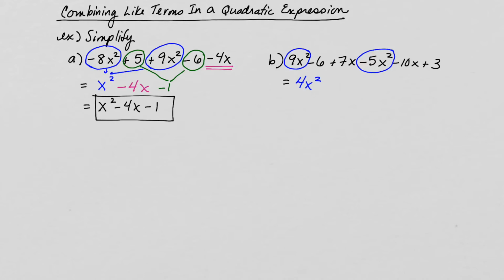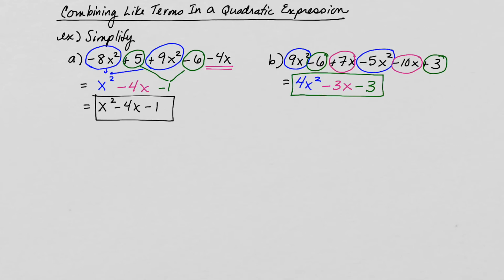If I look at the x terms, the ones that just have x raised to the first power, there's no other power on the x, I have a plus 7x and a minus 10x. So 7 minus 10 is negative 3, so this is negative 3x. And then the pieces that are left don't have any variable with them, they're just constant terms. So I have a negative 6 and a plus 3. So negative 6 plus 3 would give me minus 3. And that would be that final answer. So 4x squared minus 3x minus 3.